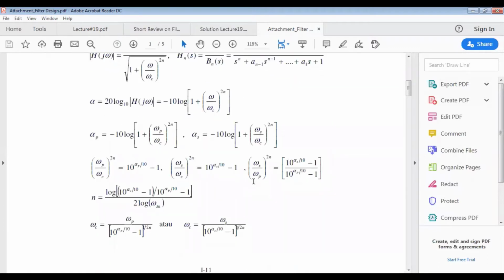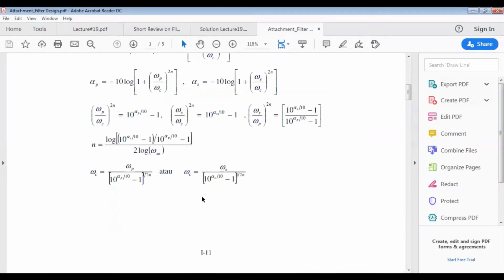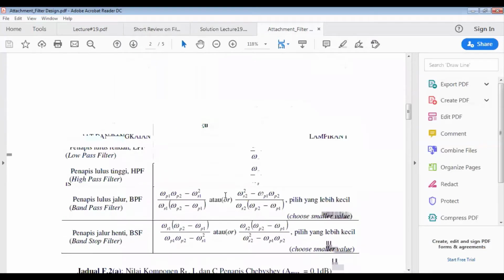You're going to use this later on in the first page. The second page has table F1, which is the calculation for the normalized stop band frequency, which is the calculation of WSN. We're going to learn this after that, and we're going to use this table.